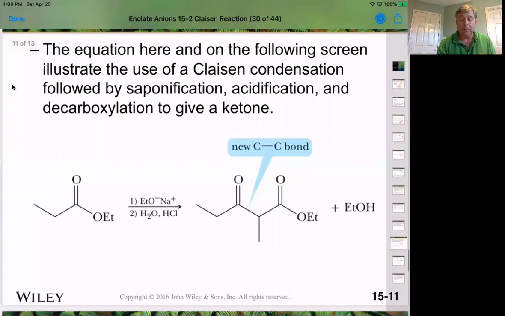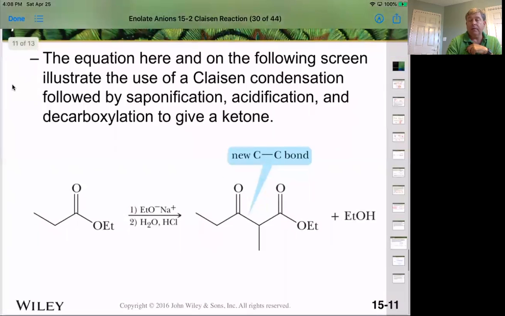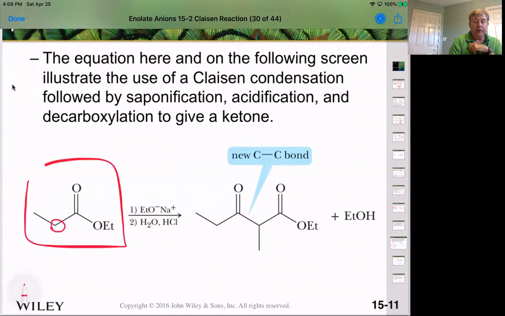Okay, so in our original Claisen reaction, we took this ester right here. We deprotonated here. It attacked another one of it to give us our extended new beta carbonyl compound. So this is our beta keto ester.